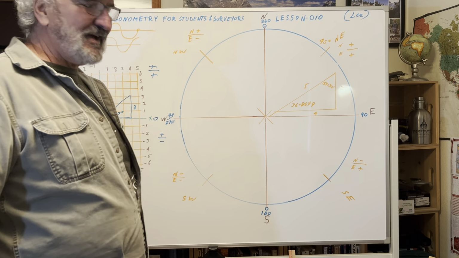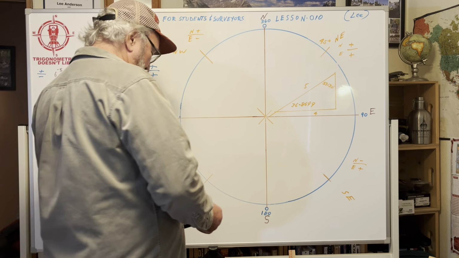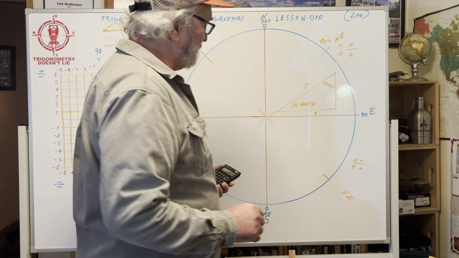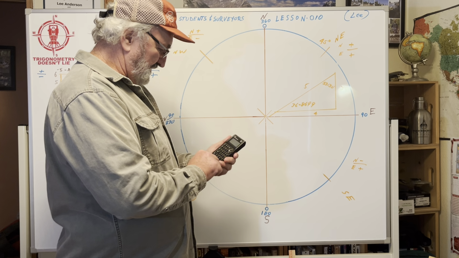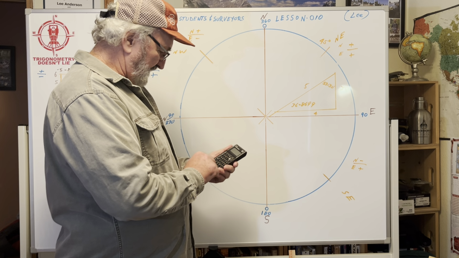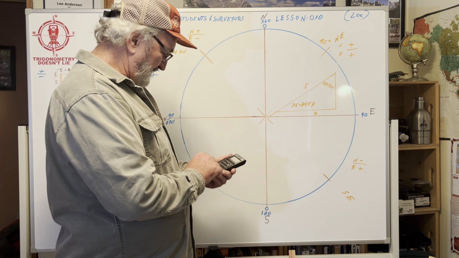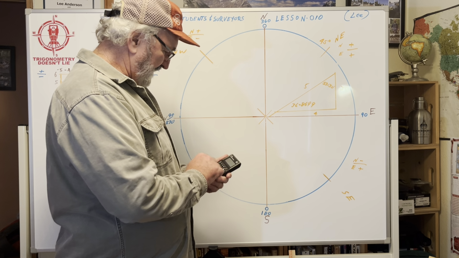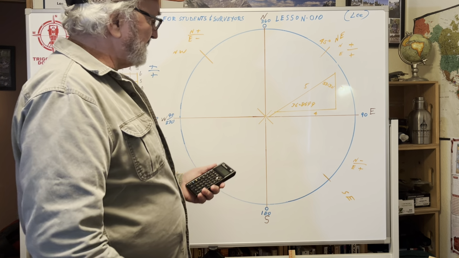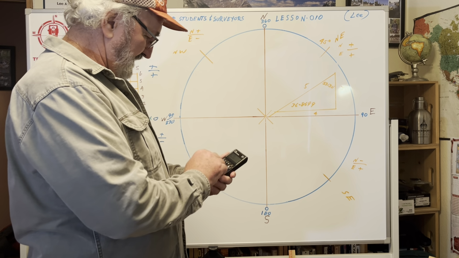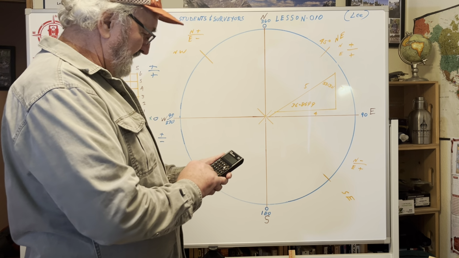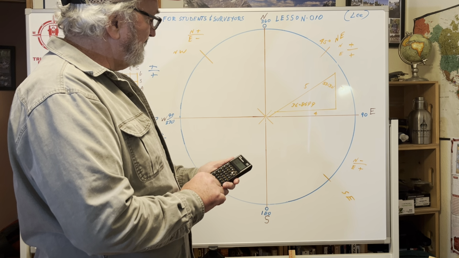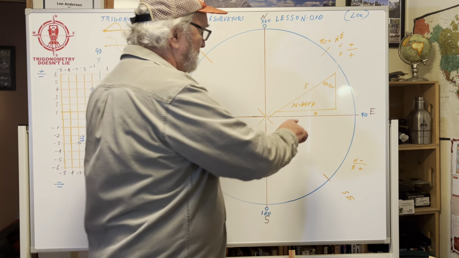Well, how does that work? How is that possibly going to work? Let me just show you here. So 36.8699. I think I stored that. Let's go recall. Yeah, there it is. So now if I hit sine and I hit 5, oh yeah, that's because I'm using this number here.